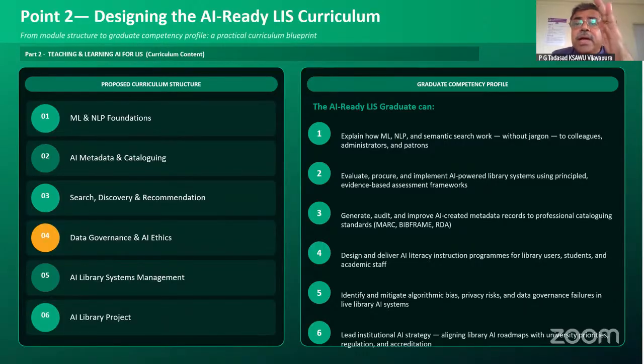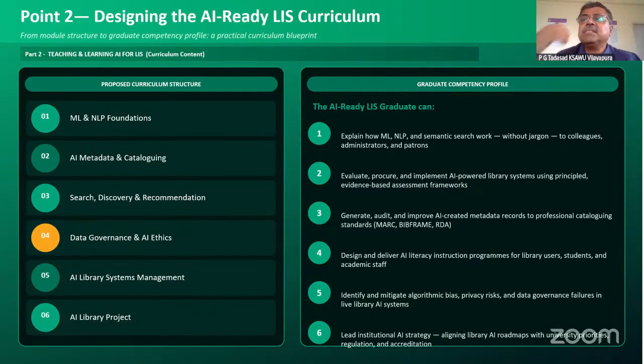They should be able to explain these concepts, evaluate, procure, and implement AI-powered library systems, generate, audit, and improve AI-created metadata, design and deliver AI literacy instruction programs, and finally, lead the institutional AI strategy, aligning the library with the AI roadmaps and the university priorities and all that. This is our dream.